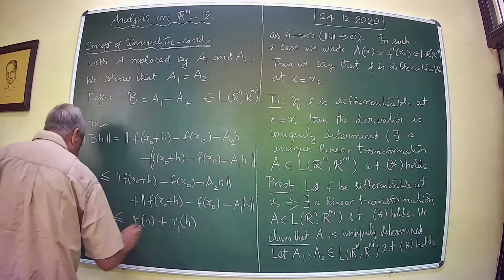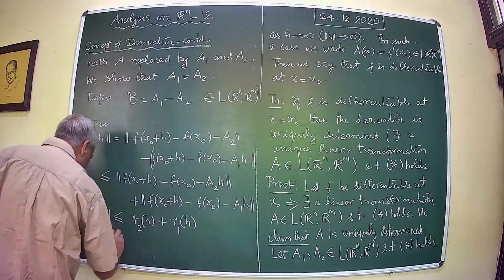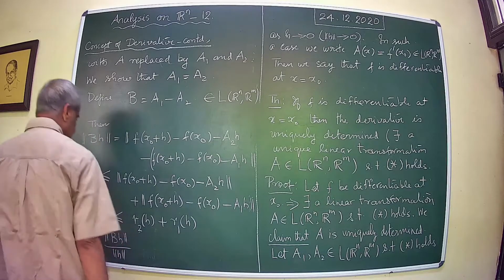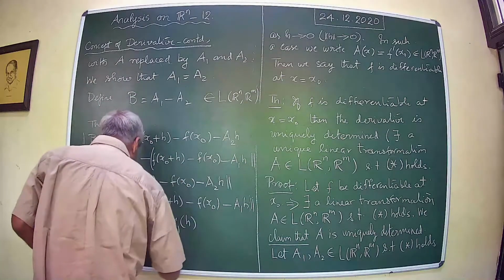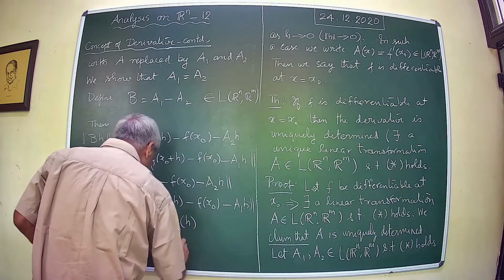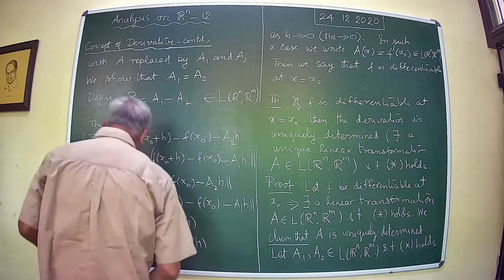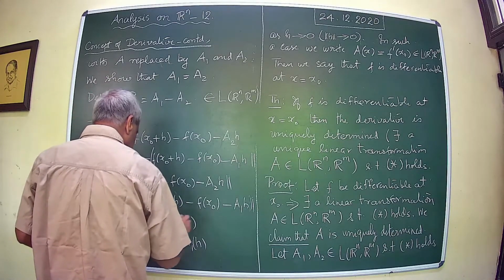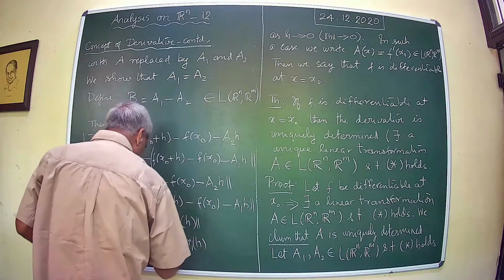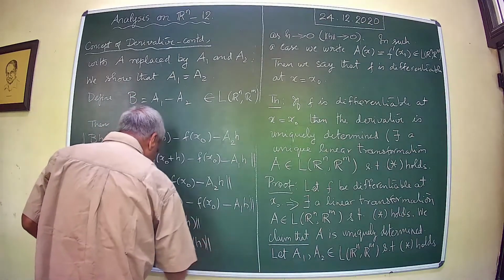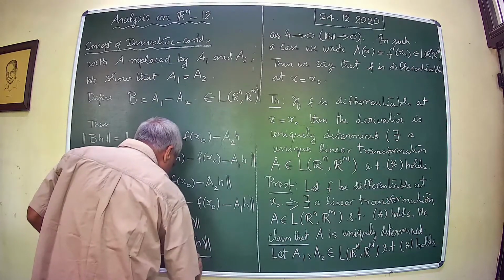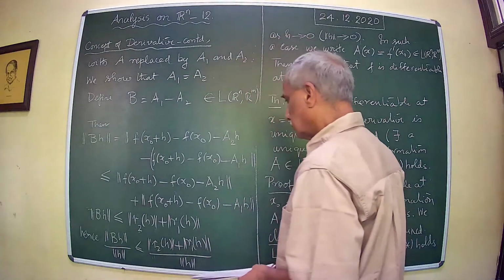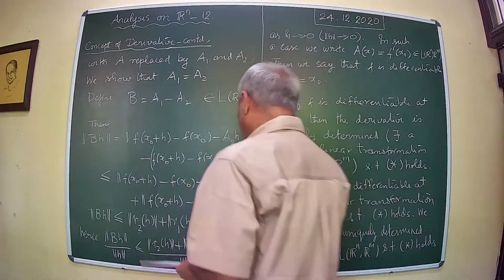These are the error terms that we have. Hence, norm of B h divided by norm of h is bounded by R2(h) plus R1(h), and this goes to 0 as h tends to 0.